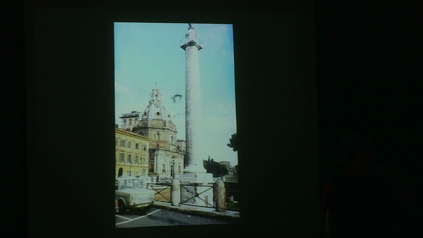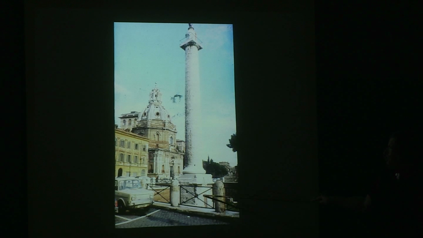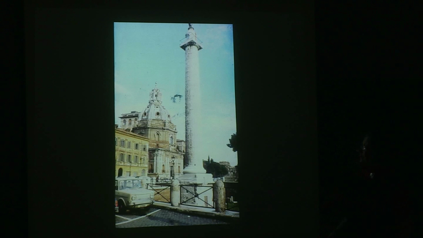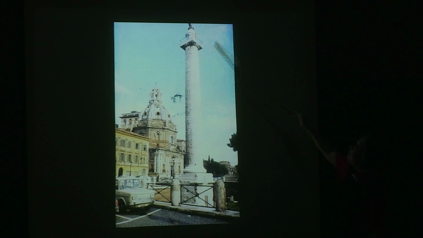It is not a huge mausoleum, a grand burial place for the emperor. It is a monument which is funerary because the ashes of the emperor are there. It is a triumphal monument, but it's not like a triumphal arch. Instead, the military campaigns of the emperor are wrapped around the column with the statue of the emperor at the very top.